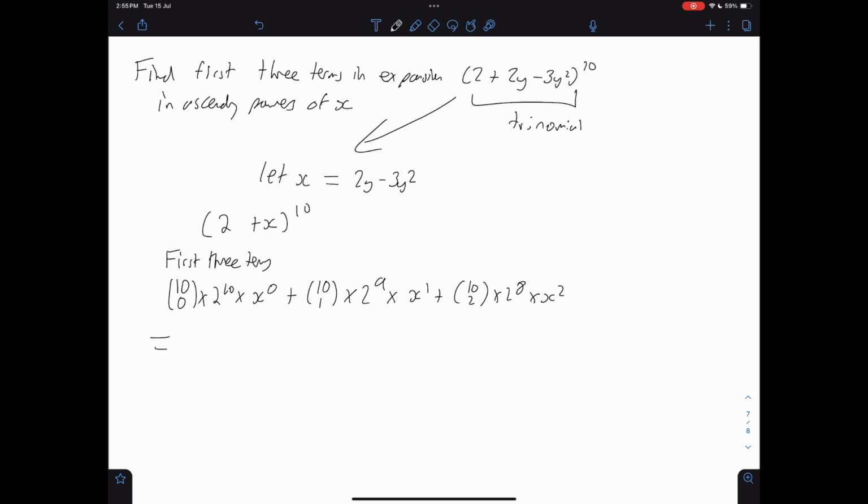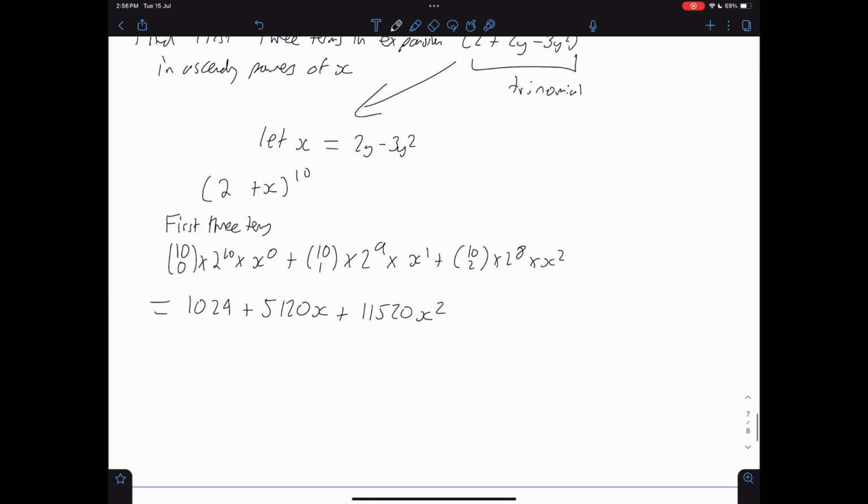So this will become 1024 plus 5120x plus 45 times 256x squared, whatever that is. So then we can replace our x's with 2y minus 3y squared.